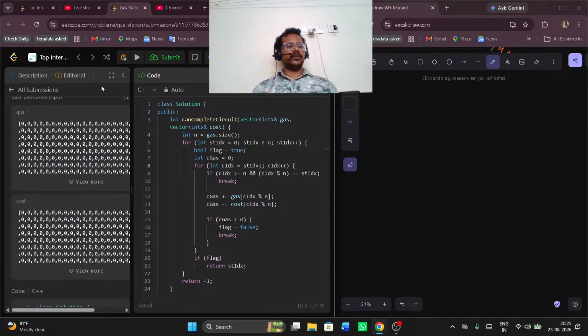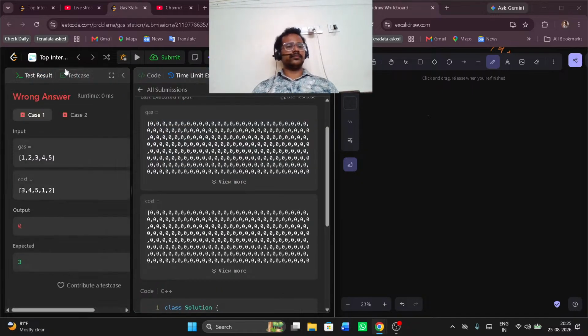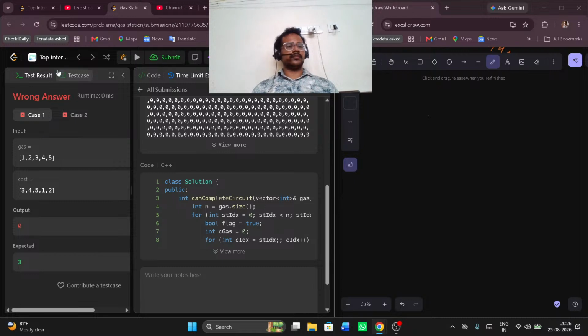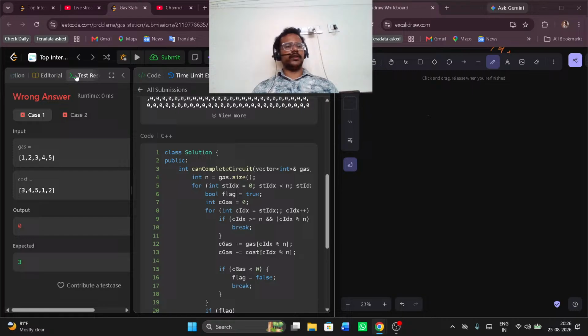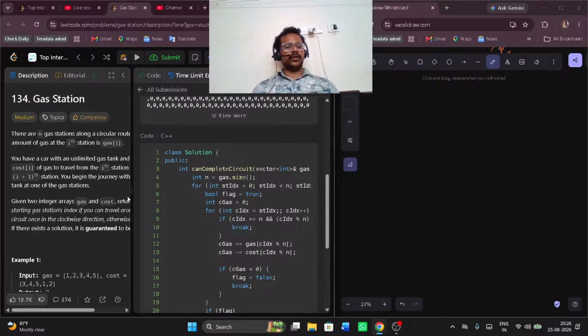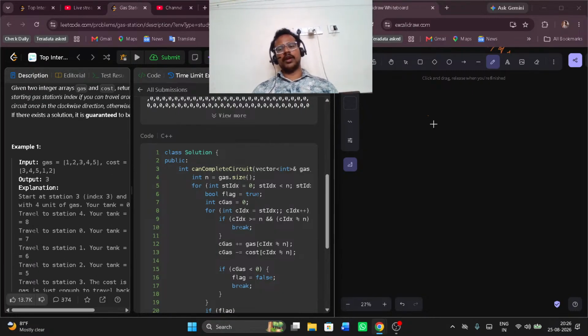Okay, this is what we got. If you want to look at the code, you can see the example: gas is equal to 1 2 3 4 5, and cost is equal to 3 4 5 1 2.